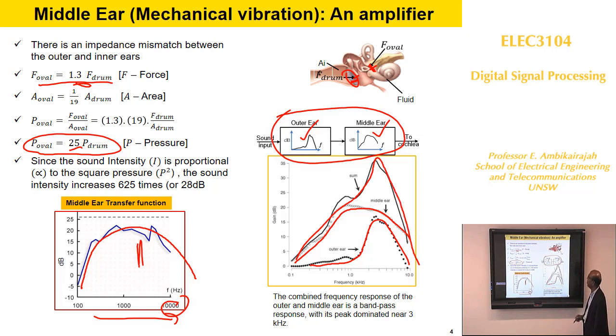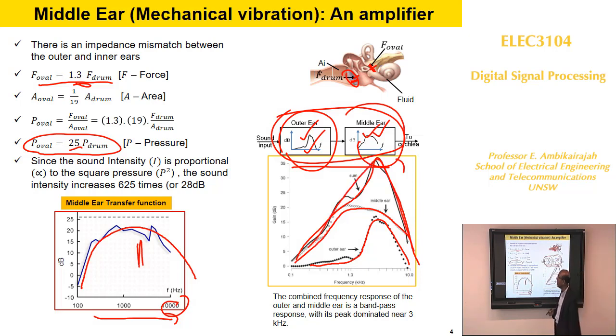This is the frequency response of the combination of outer ear and middle ear. These are based on measurements. Your first activity is to implement this and this, cascade them and try to get that sort of graph. That's your activity 1 and 2.